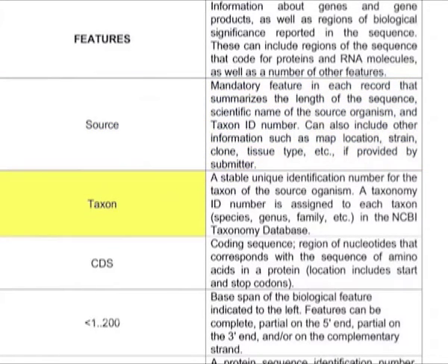The next field is taxon. Taxon is a stable unique identification number for the taxon of the source organism. A taxonomy ID number is assigned to each taxon in the NCBI taxonomy database. The next field is CDS or coding sequences.